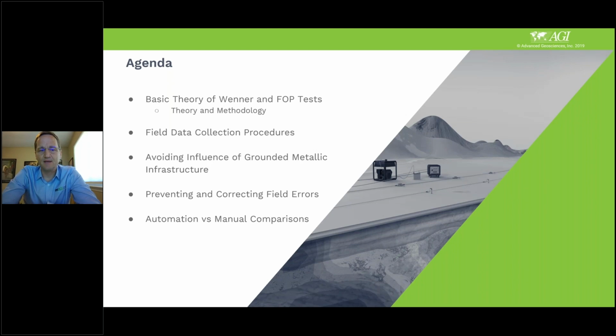Sometimes you're given a line layout that puts you near ground and metallic infrastructure, how to suggest other positions that will give you the earth materials versus the earth materials mixed with that grounded metallic infrastructure, field data geometry errors typically, how to correct for those, and how to get the data you need quickly and efficiently, and automation versus manual comparisons towards the end.